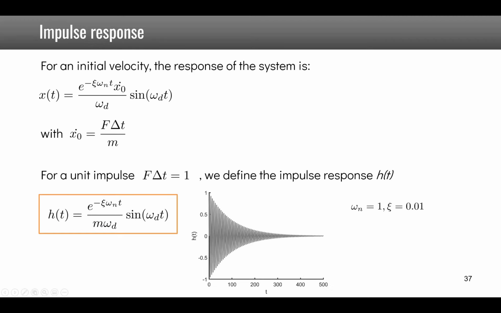So as you see here, this is a typical representation of such an impulse response, where if you have a natural frequency of 1 and a damping factor of 1%, you will see that it will oscillate at frequency omega d, which is very close to omega n, because the difference is 1 over square root of 1 minus xi square, where xi is very small.